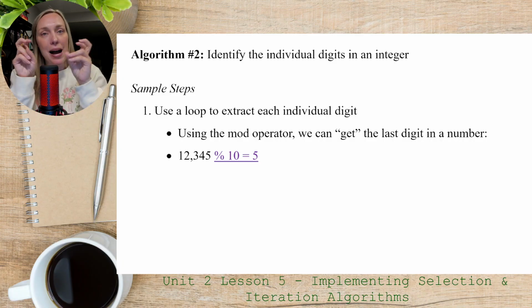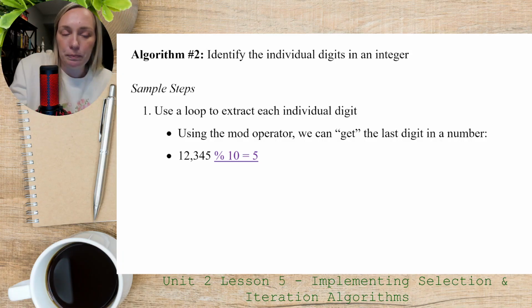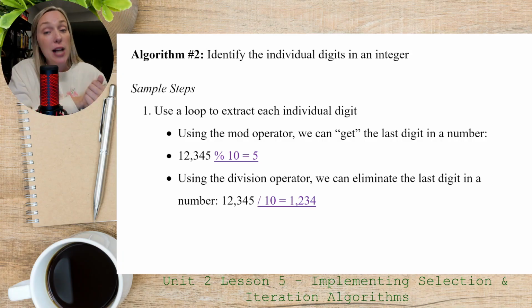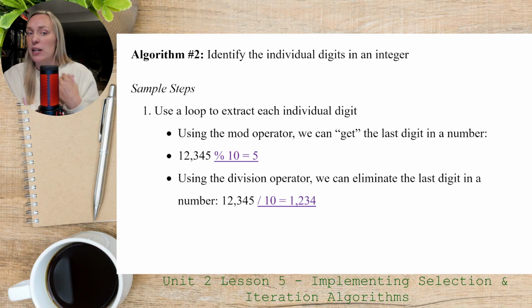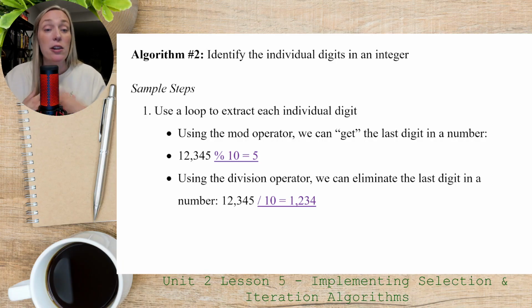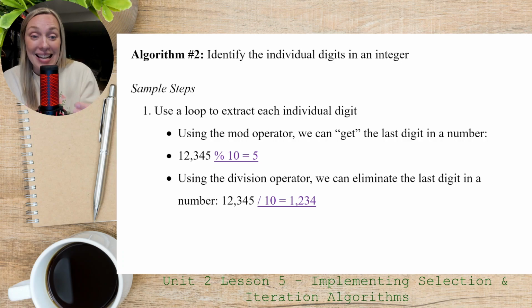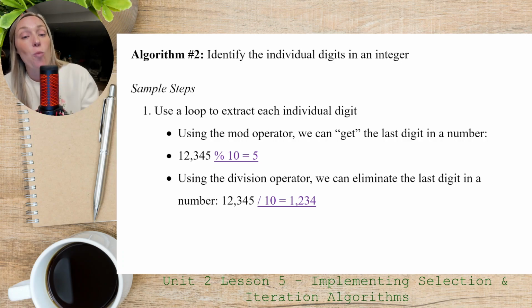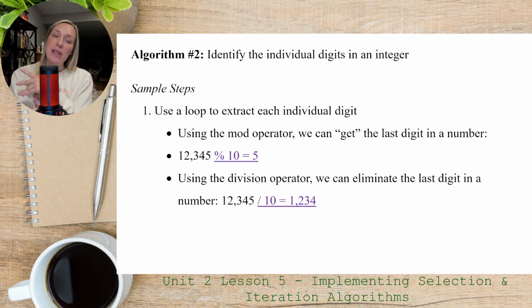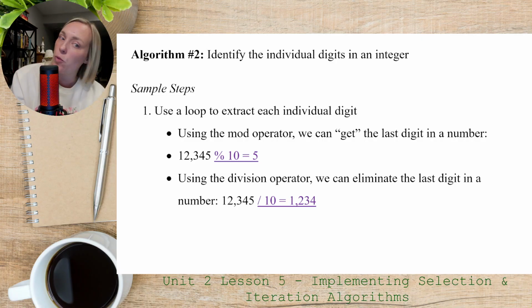Now, the division operator eliminates the last digit if we were dividing by 10. So here, if I divided 12,345 by 10, that would drop the number down to 1,234. Notice how we got rid of that last digit, and then we're left with the remaining numbers.